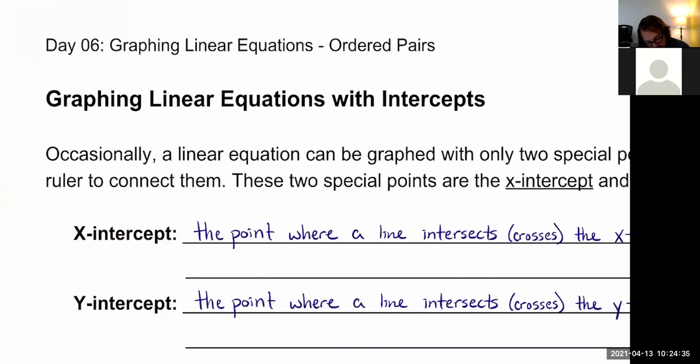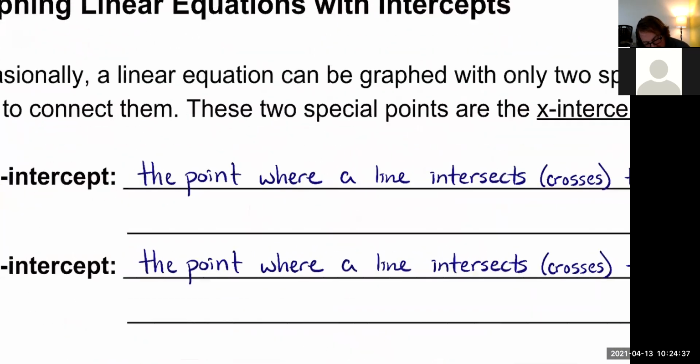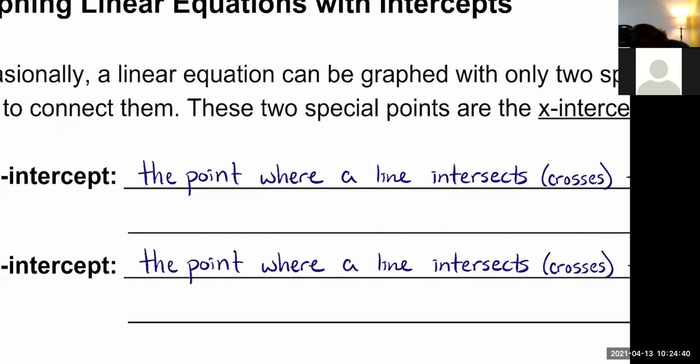So I'm going to come all the way back down to my notes here. The x-intercept, we can say, the y coordinate is always 0.